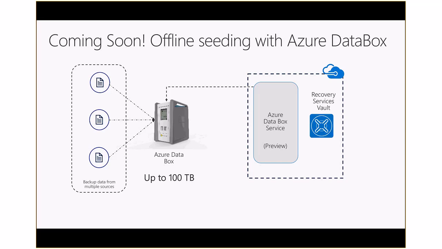Before, you were limited to drive sizes and you'd have to go acquire the drives and BitLocker encrypt them. Now Microsoft essentially has this box that they can ship you to take in these massive amounts of data, up to 100 TBs, for seeding specifically backup-based content as well. So again, a new solution that was just launched 2 weeks ago, but really great for getting your large backups into the cloud.